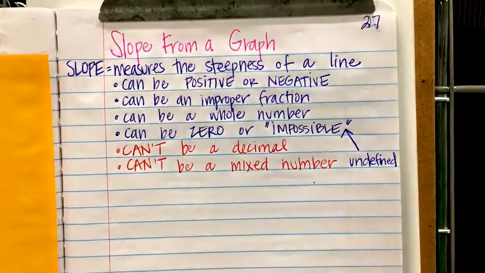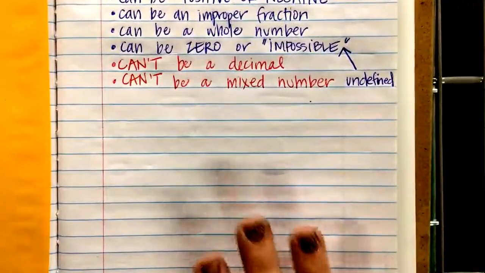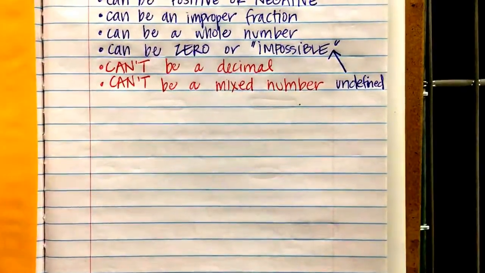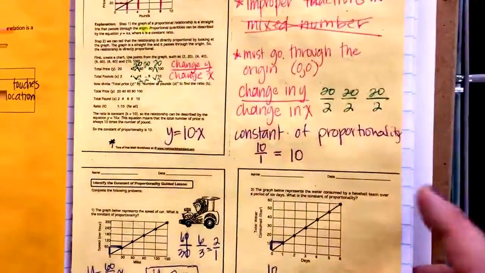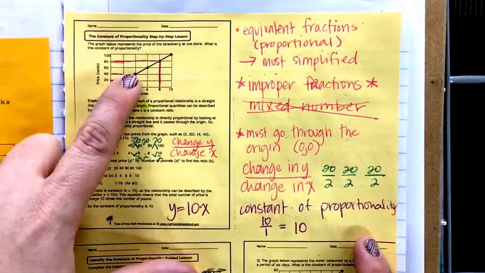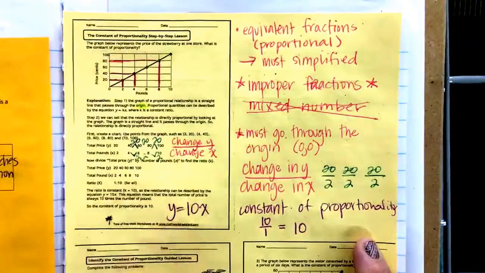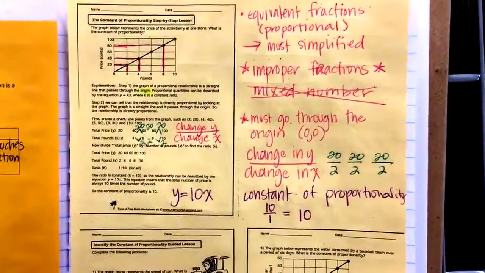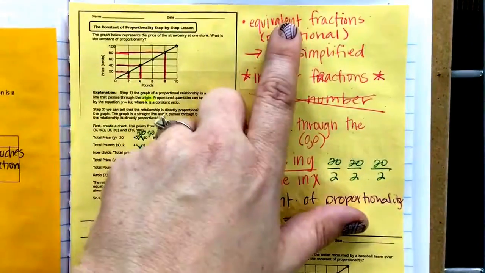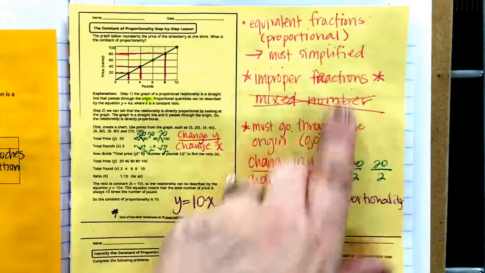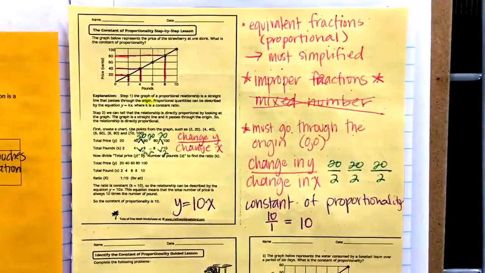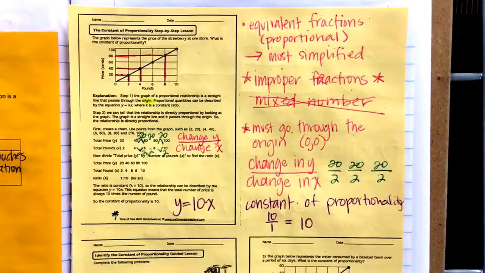So if you're talking about slope, or when we were doing constant of proportionality back here, how did you figure out the steepness of the line, or from one point to the next? What did you do? How did you figure out the constant of proportionality? Remember, it says it could be an improper fraction. It's not a mixed number.